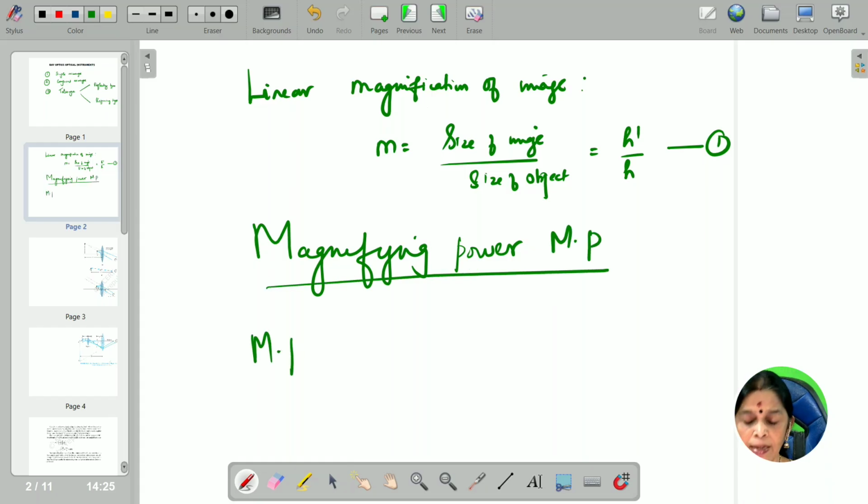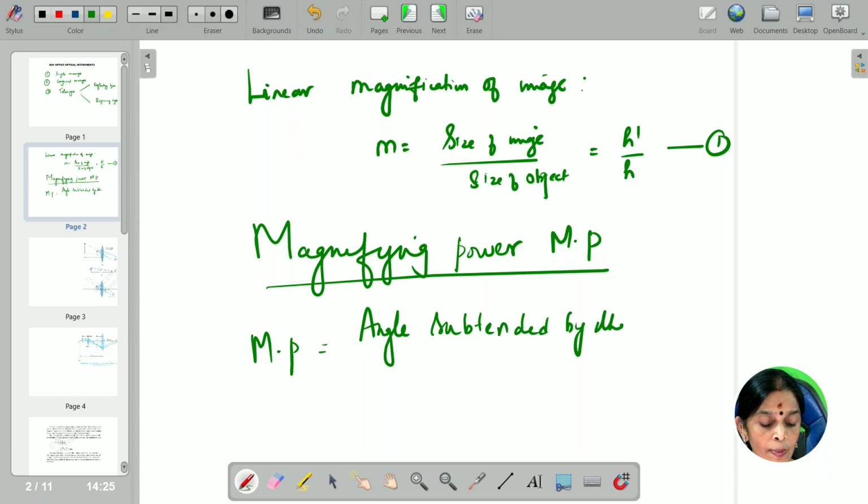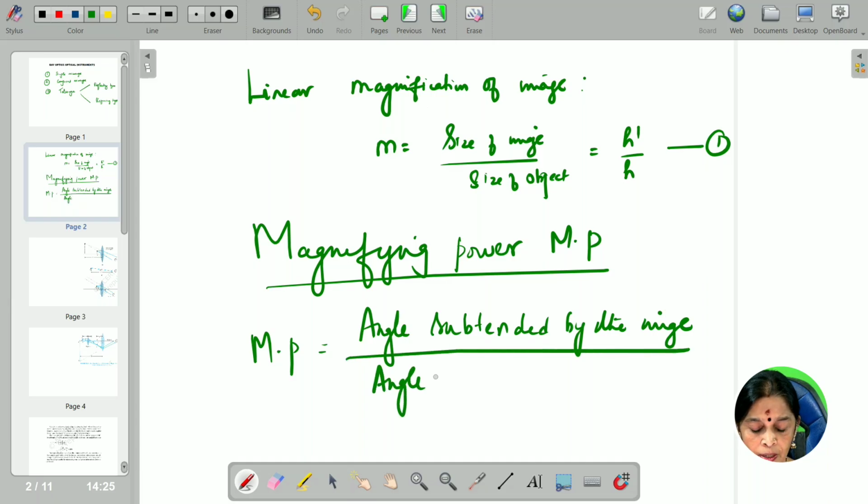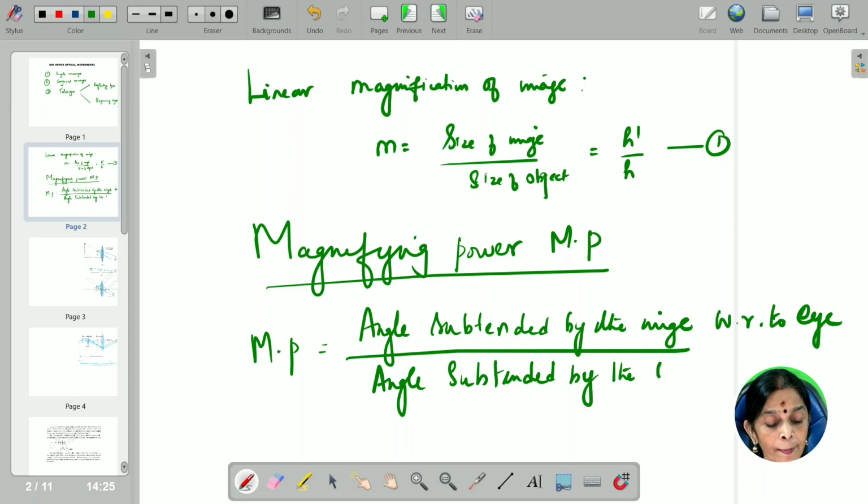This MP is defined as the ratio of the angle subtended by the image by the angle subtended by the object, with respect to the eye. Image by object, that is the magnifying power.